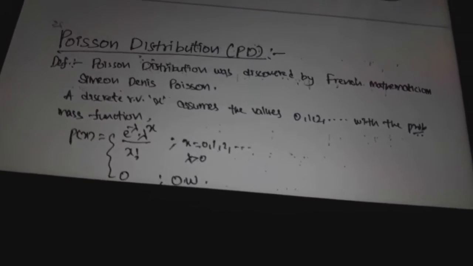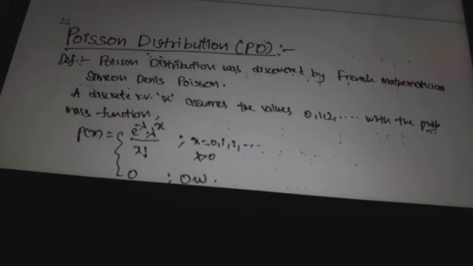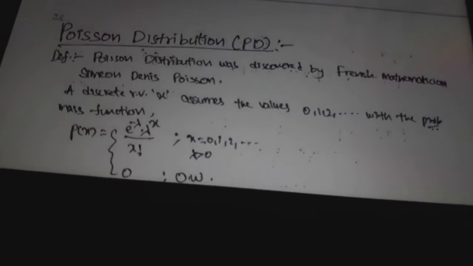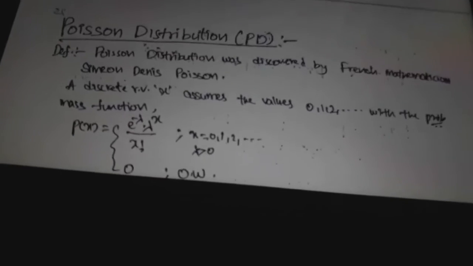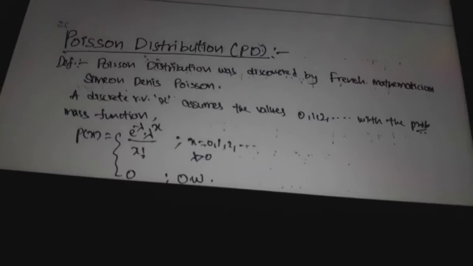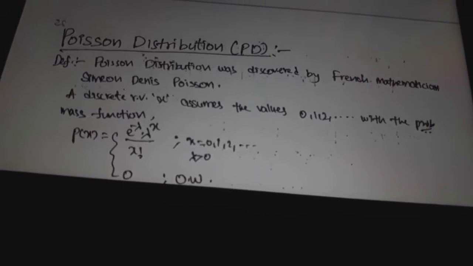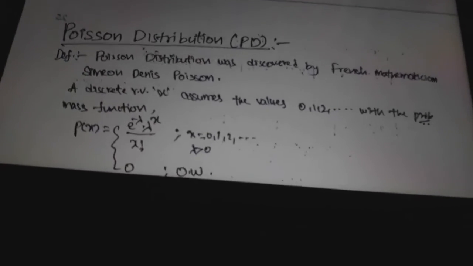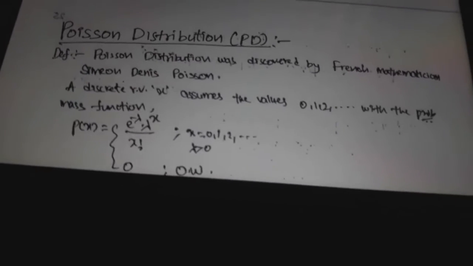Maximum 1 or 2 only. So 2 by 300 is very small. n is 300, that's why big. p is 2 by 300, it's very small. That's why we use the Poisson distribution when n is large and p is small. It's the base thing.